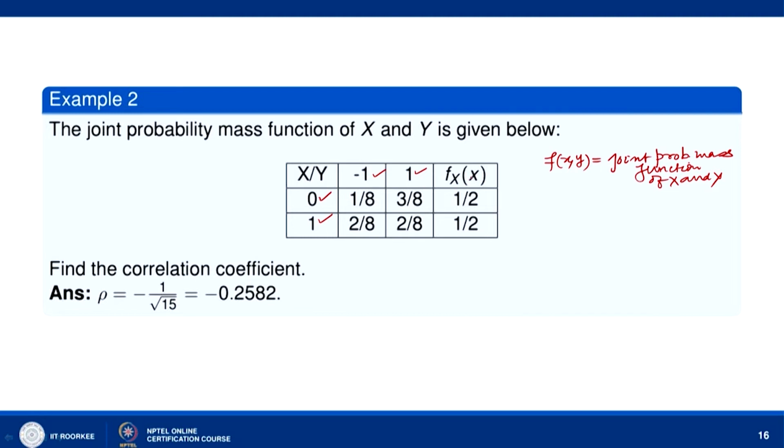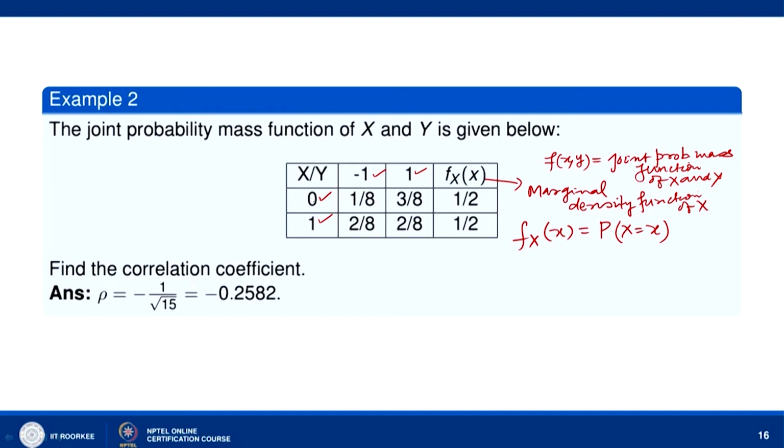So, let us find the marginal density function of x, f x x. f x x is equal to the probability that x takes the value x.